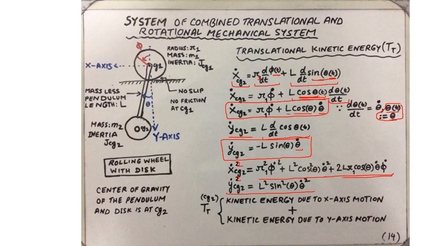And hence, the total kinetic energy of the system will be the kinetic energy of the bottom wheel as well as the kinetic energy of the top wheel. Remember that in the case of the bottom disk, the pendulum disk, the kinetic energy is further split into the kinetic energy due to the motion along the x-axis and the kinetic energy due to the motion along the y-axis.